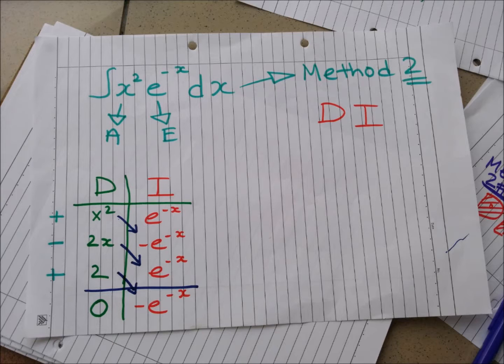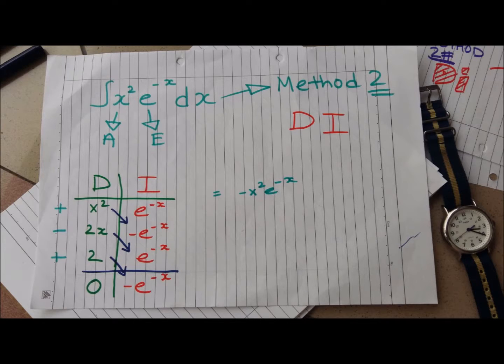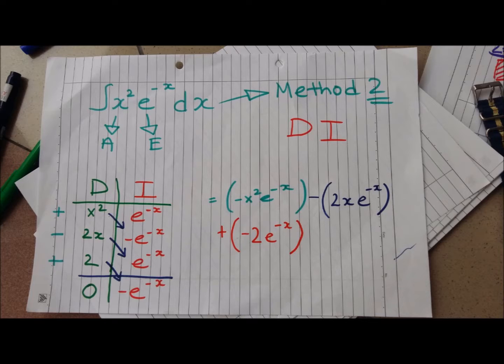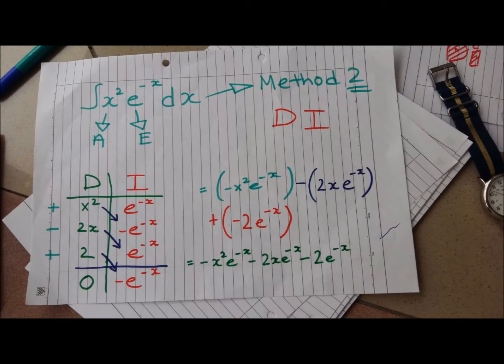Then you write down everything on the paper, which brings us to negative x squared e to the negative x minus, bracket, 2x e to the negative x plus negative 2e to the negative x. Which will lead us to negative x squared e to the negative x minus 2x e to the negative x minus 2e to the power negative x.